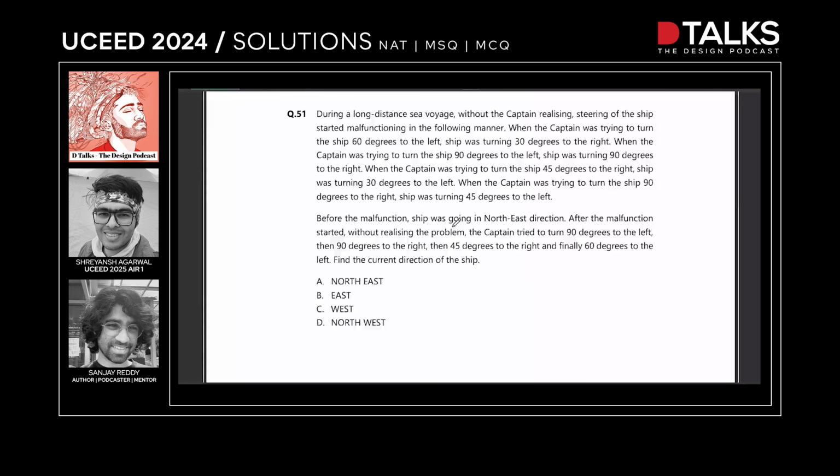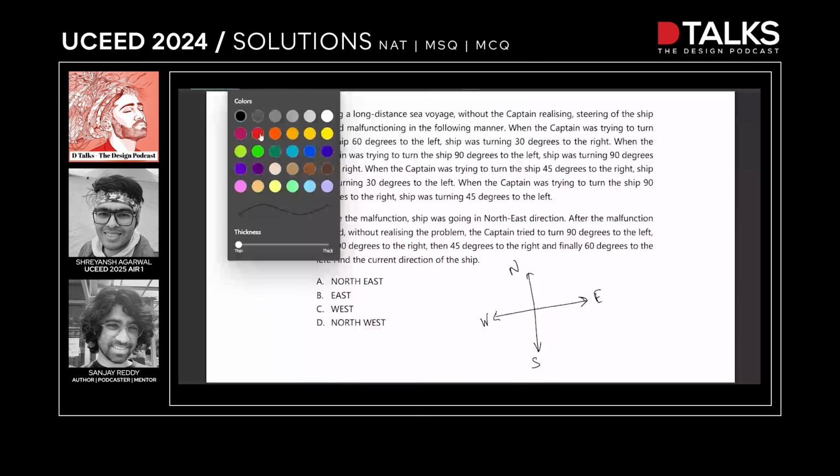When the captain was trying to turn the ship 45 degrees to the right, the ship was turning 30 degrees to the left. When the captain was trying to turn the ship 90 degrees to the right, the ship was turning 45 degrees to the left. Before the malfunction, the ship was going in the northeast direction.